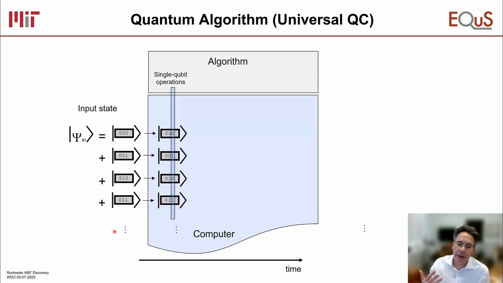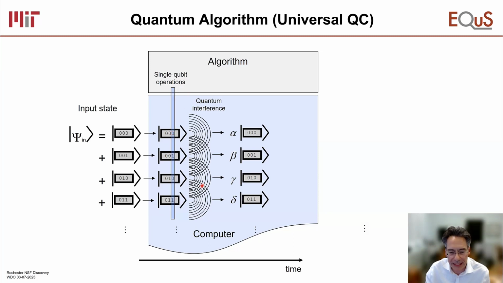And an algorithm is just a sequence or series of single and 2-qubit operations. Some of them can be run in parallel, but let's imagine here that we have a single qubit operation that operates on the 3rd qubit. So again, a single operation on 1 qubit, qubit number 3, but we see that with quantum interference, it impacts all 2 to the n coefficients, leading to a new set of weighting factors on these aspects, alpha, beta, gamma, delta, et cetera.